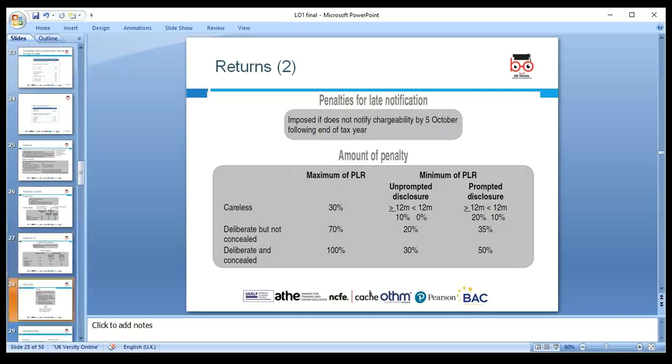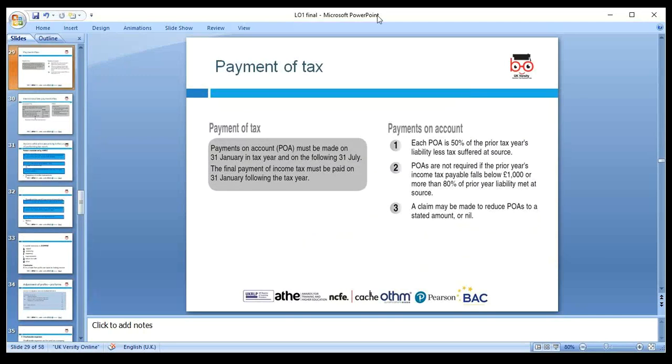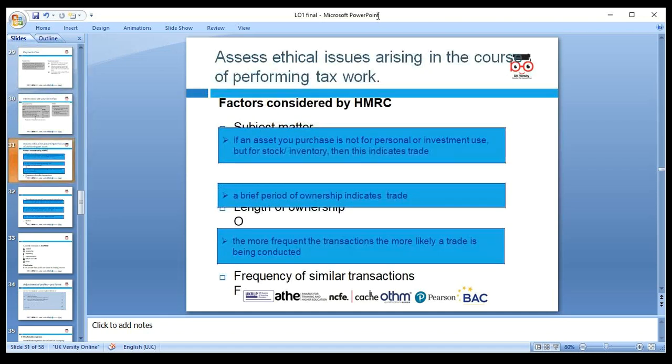All the details about penalties are here, and I included them for you to look around, which will help further. The payments on account must be made by 31st January. If we don't do it, it can be late. It is 50% of the prior year's tax liability less tax suffered at source. We need to look at interest and late payments in self-assessment.